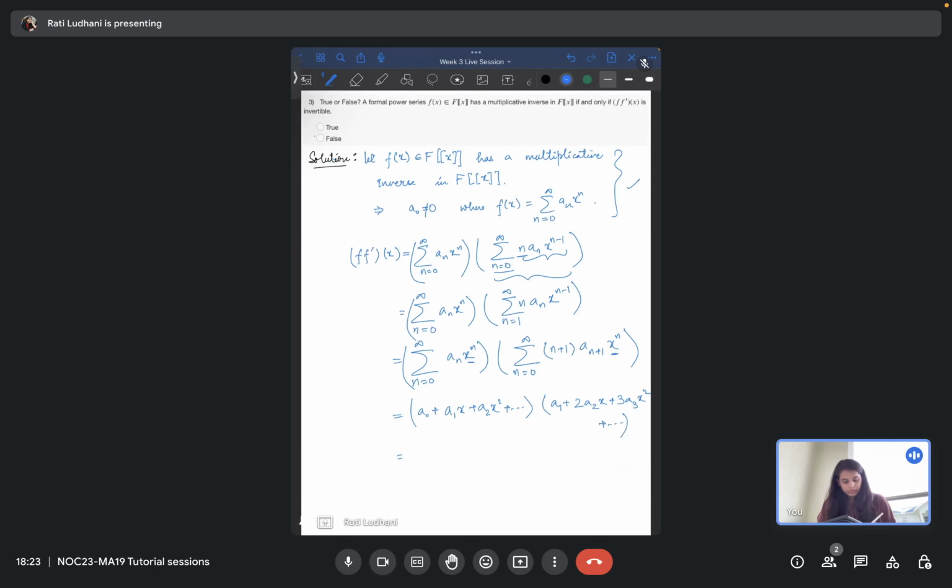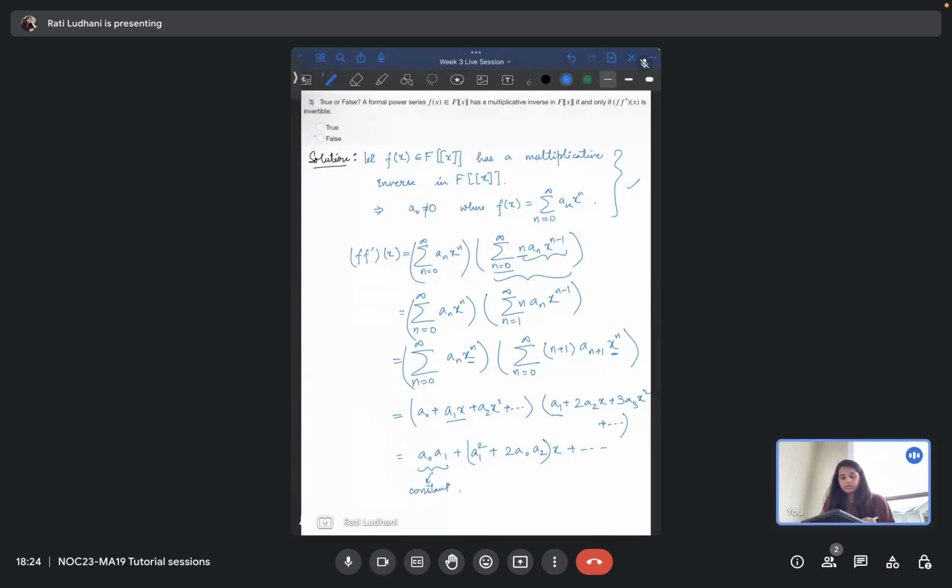So now as a constant term, what you will get? a0 a1. Plus for the coefficient of x, we get a1 square plus 2a0 a2, sorry, not a1 a2, it's 2a0 a2. So this is the thing you got. a0 a1 is your constant term.